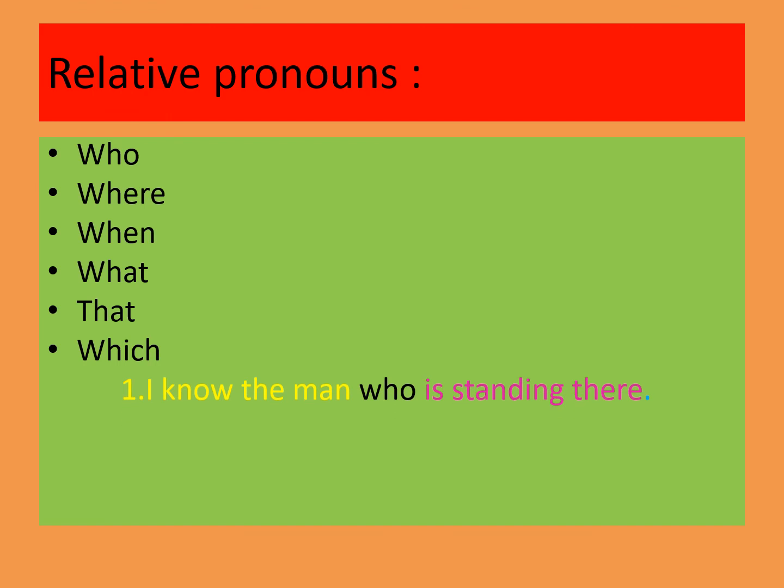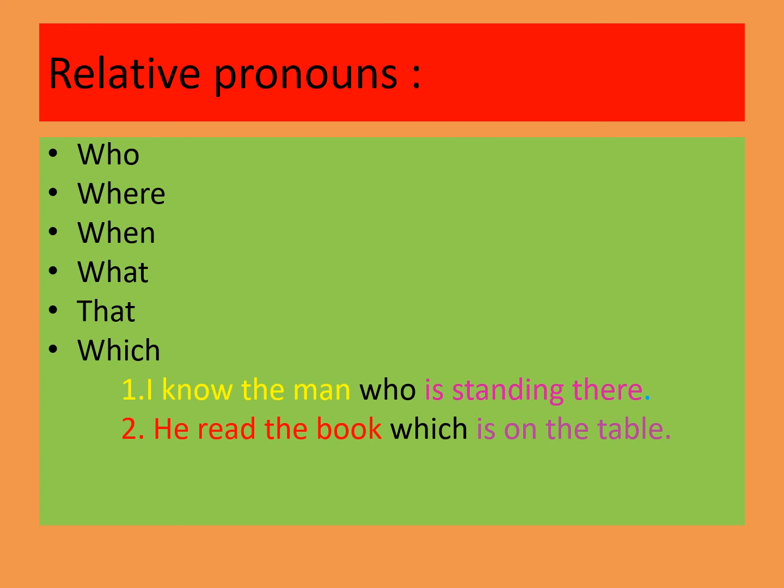Examples. I know the man who is standing there. So in this sentence, who is standing there is a relative clause. This relative clause is started with the relative pronoun who. Next one. He read the book which is on the table.